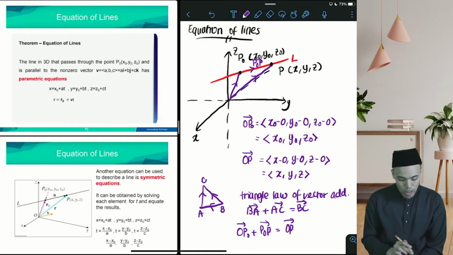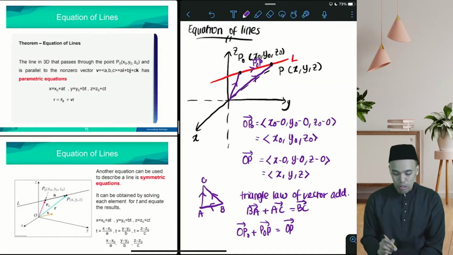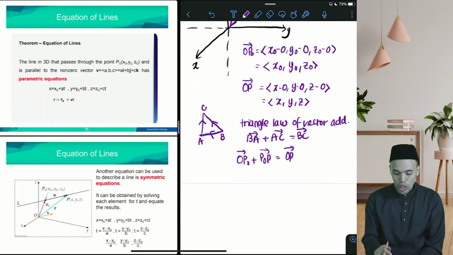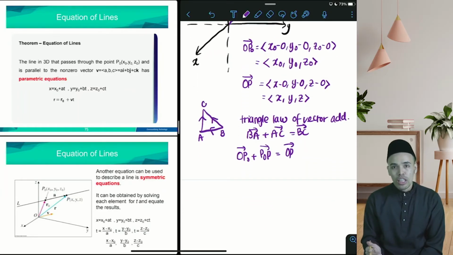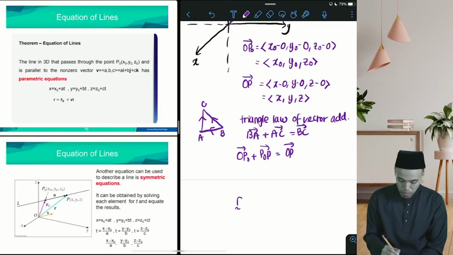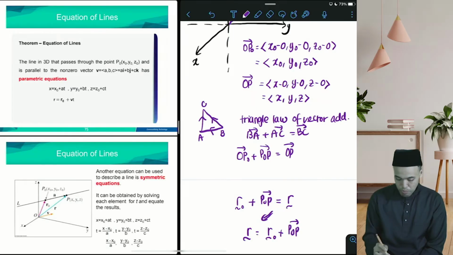According to the illustration given in the slide presentation, we will label position vector OP0 as vector R0, and position vector OP as vector R. So I am going to have vector R0 plus P0P is equal to vector R, or I can simply write vector R is equal to vector R0 plus P0P.